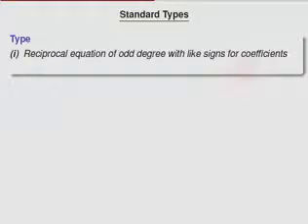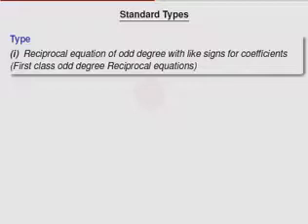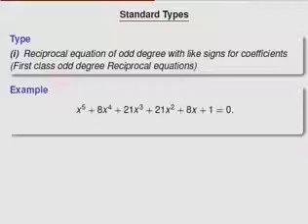So, this one you can call a first class odd degree reciprocal equation. You can remember the term: odd degree with like signs is called a first class odd degree reciprocal equation.